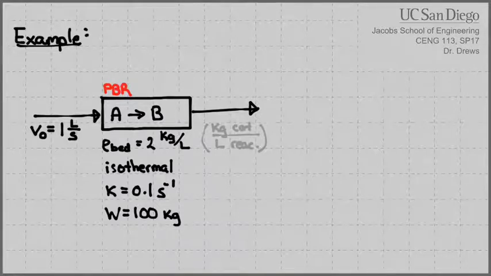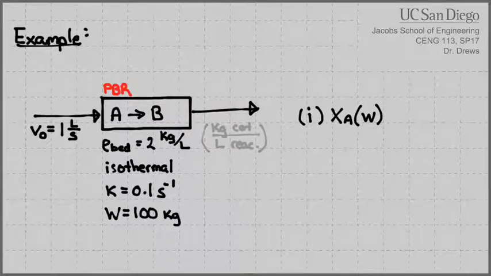And so for this example, we want to do two parts. One, let's get the conversion as a function of W if P over P naught is equal to 1.